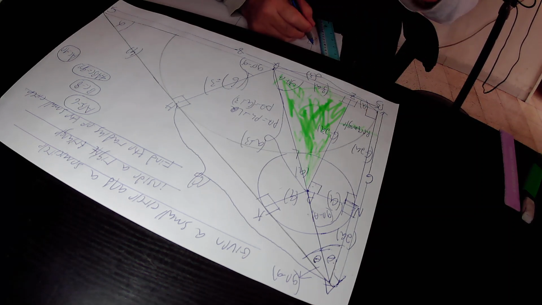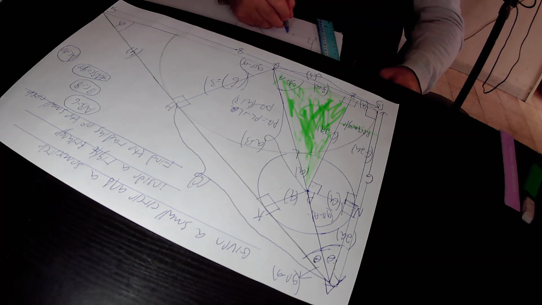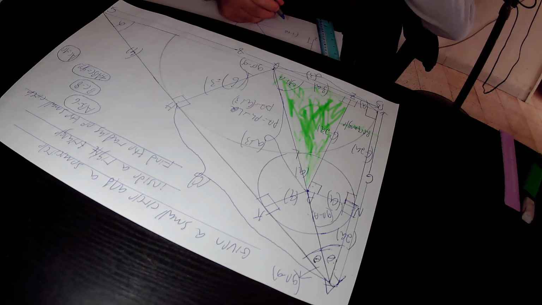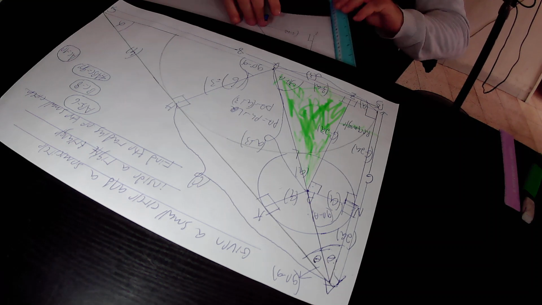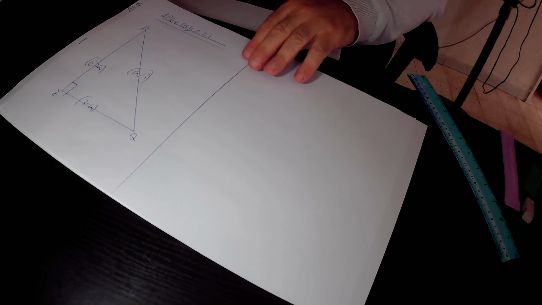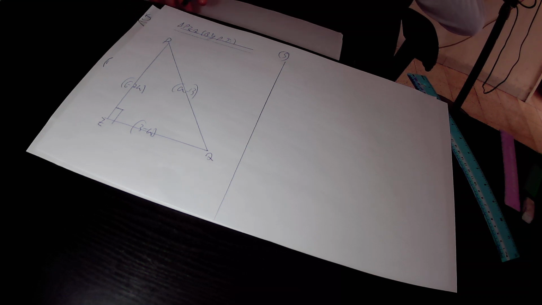PZ equals 6 minus 2A, ZQ equals 3 minus A. And finally the bonus, PQ equals A plus 3. So finally, this is the right triangle PZQ from the original drawing, according to the Pythagoras theorem.